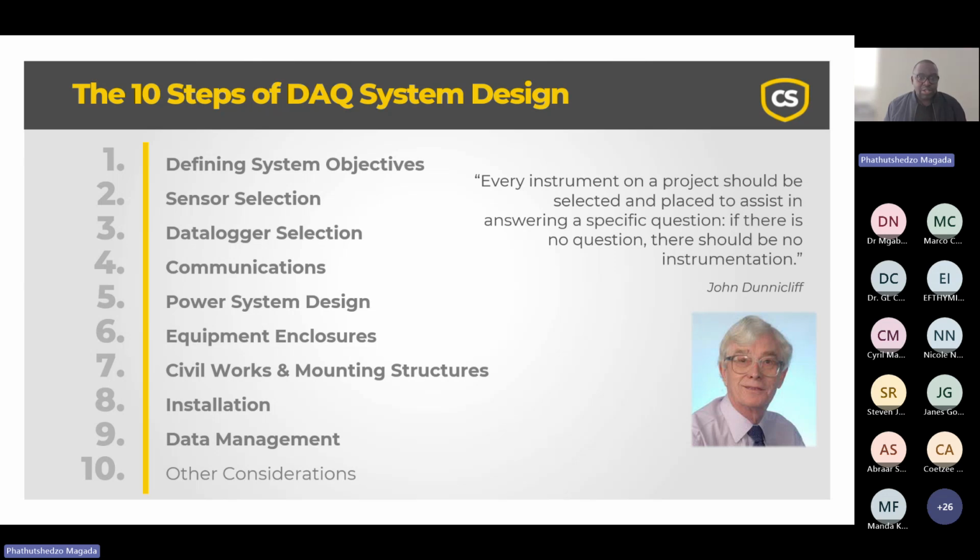Otherwise, if there's a power disruption, there will be a problem in our data integrity. So is the site located in a remote area where there's no power? Then in that case, maybe we might need to use solar power. Equipment enclosure is very important. We need to select equipment enclosures that will ensure that our data logger, the battery, and all other relevant components are able to fit.